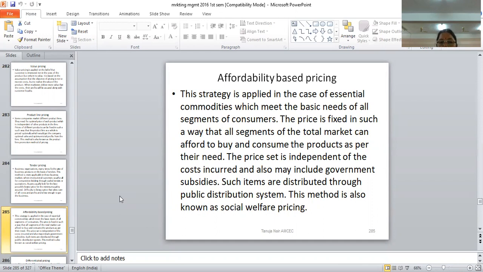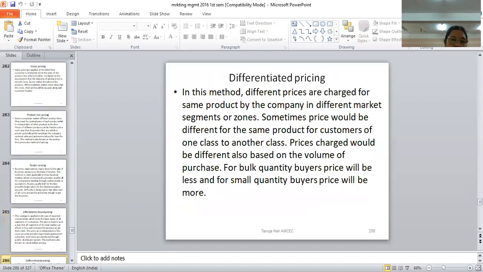So this is known as affordability-based pricing or social welfare pricing, where the government wants to make sure that all the customers get the essential goods to meet their basic needs. So they offer these goods at highly subsidized prices through their PDS system, that is the public distribution system.